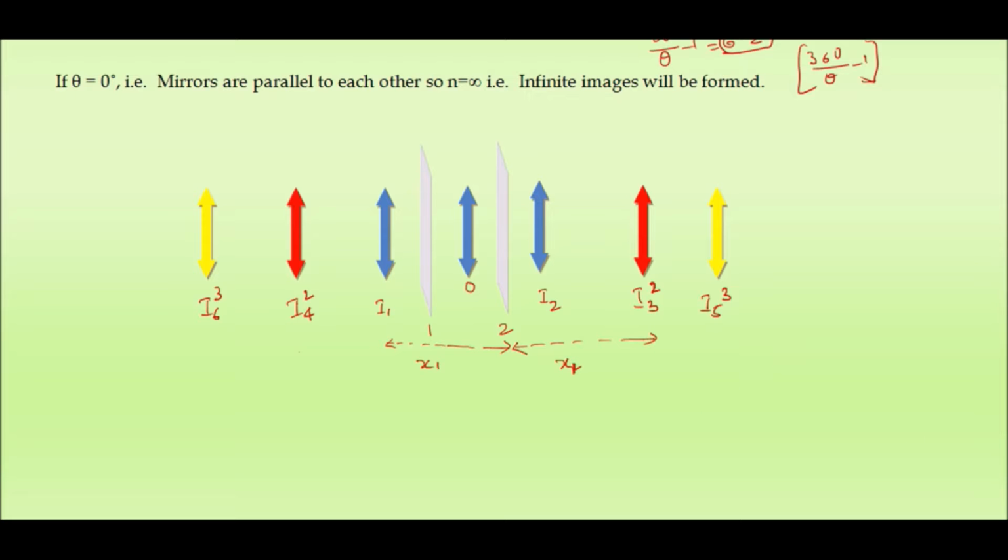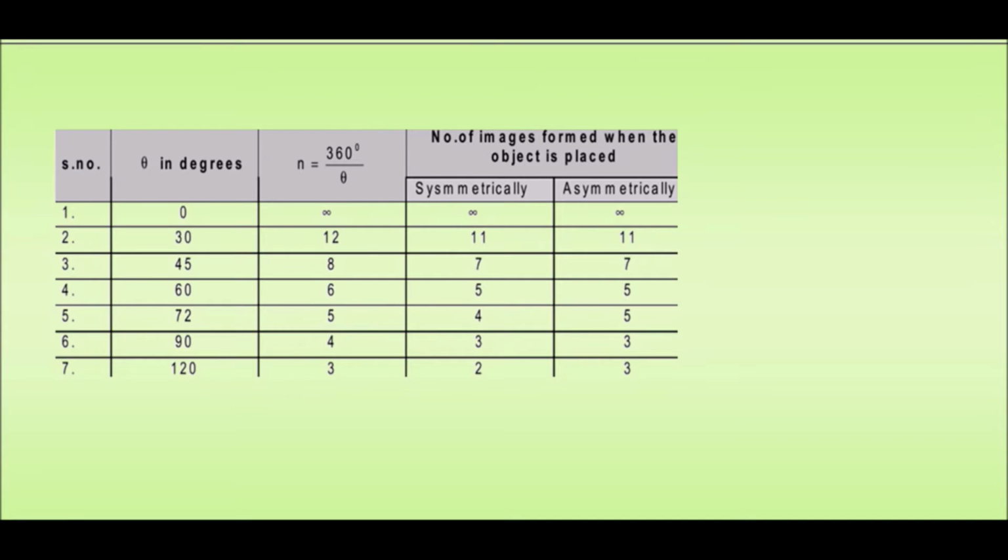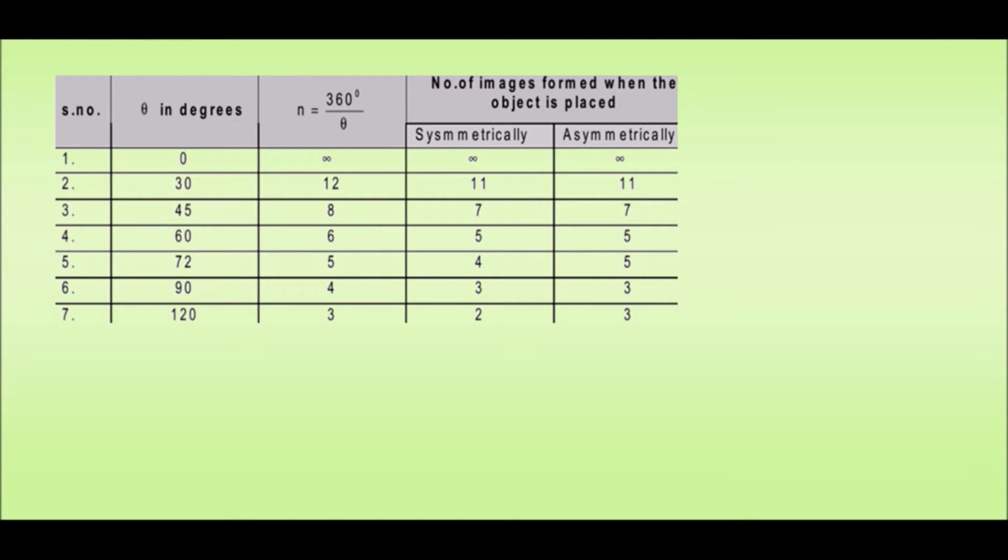Now we'll see the next slide, and here a table has been drawn showing the angle between two plane mirrors and the number of images formed. If you see, when angle theta is equal to 0 degrees, that is, when the two plane mirrors are parallel to each other, then whether the object is placed symmetrically or asymmetrically, the number of images formed is infinity.